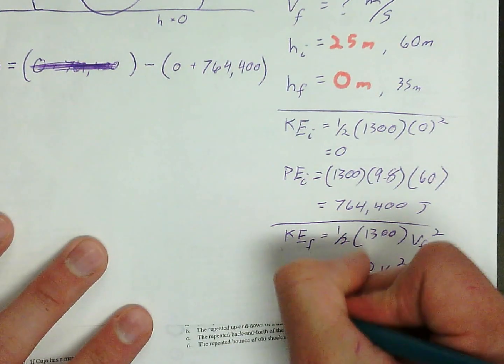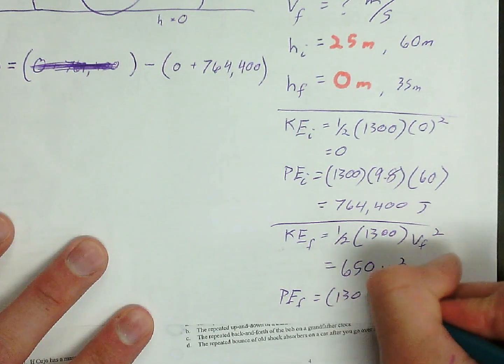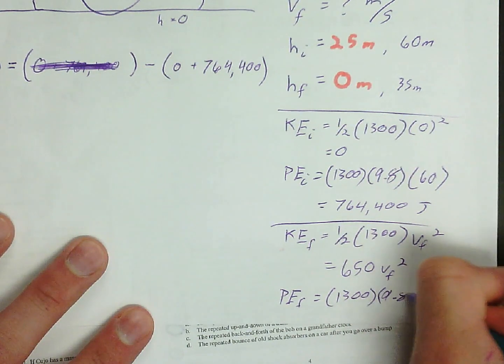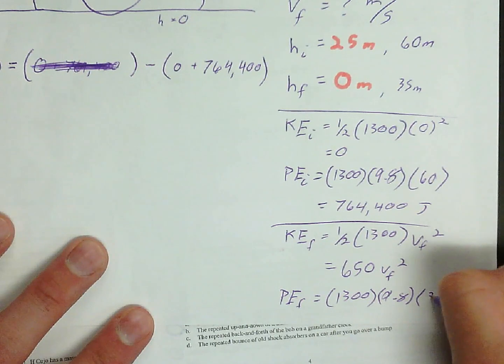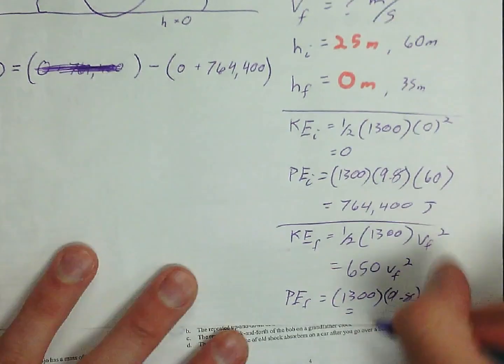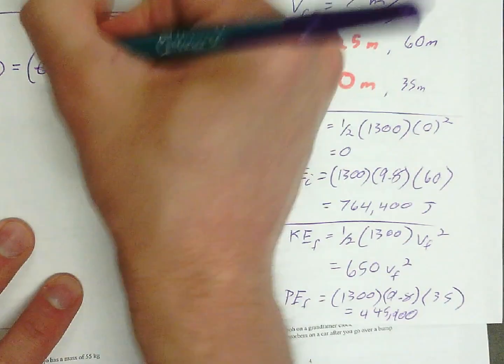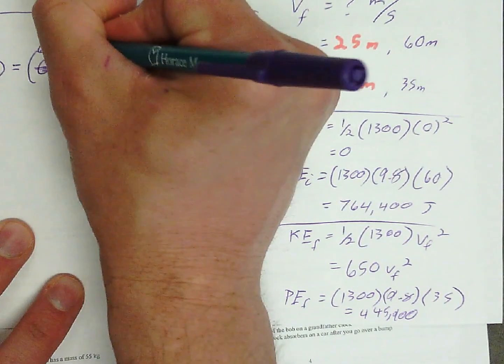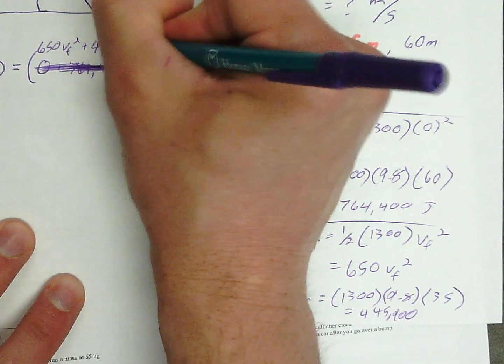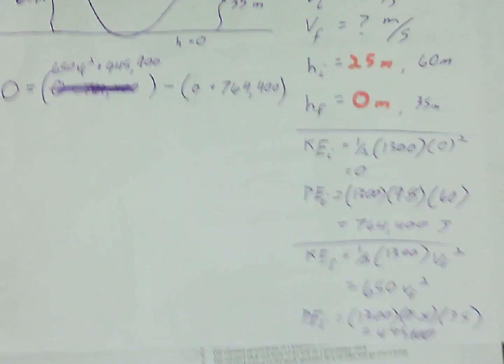And then PE final would be mgh, which gives 445,900 joules. And then we just solve from here.